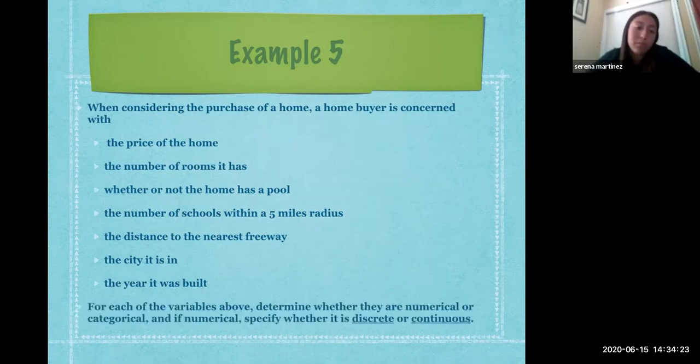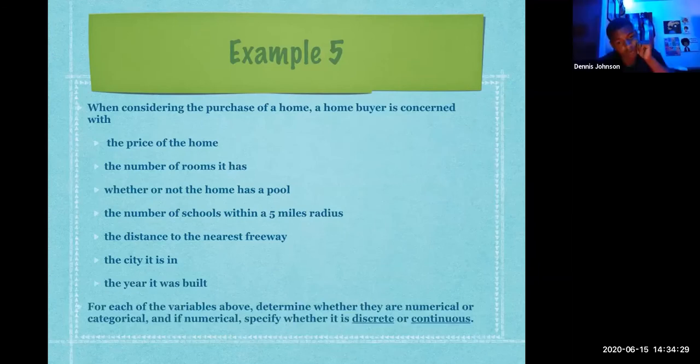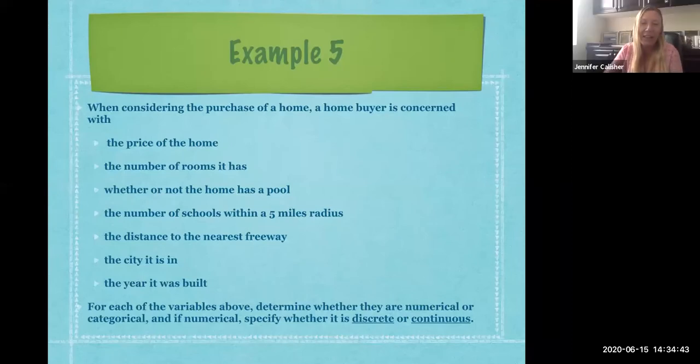Excellent. And then Dennis, can you read the directions at the bottom for me? For each of the variables above, determine whether they are numerical or categorical, and if numerical, specifically whether it is discrete or continuous. Perfect. Okay. So no pressure.